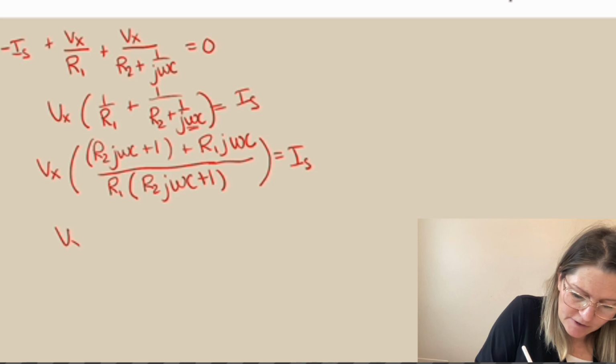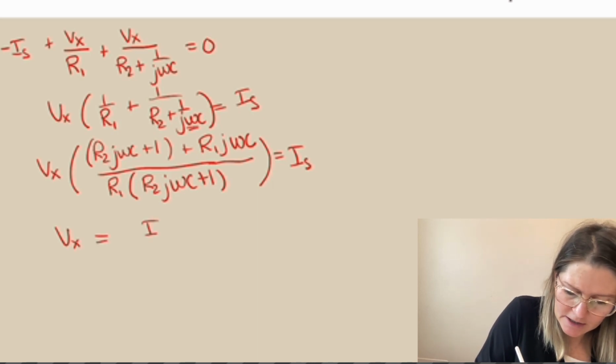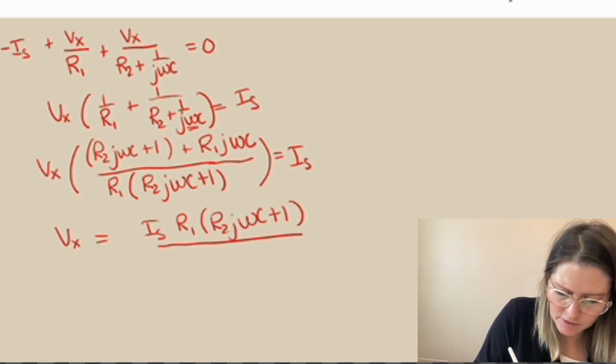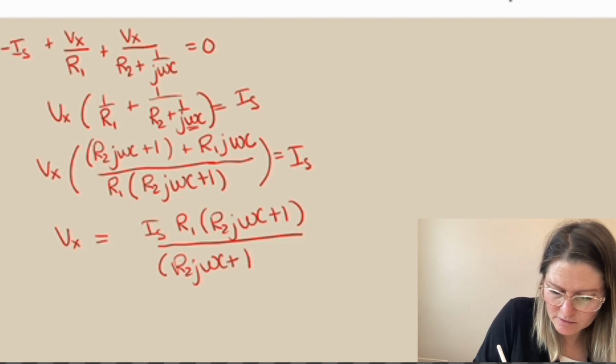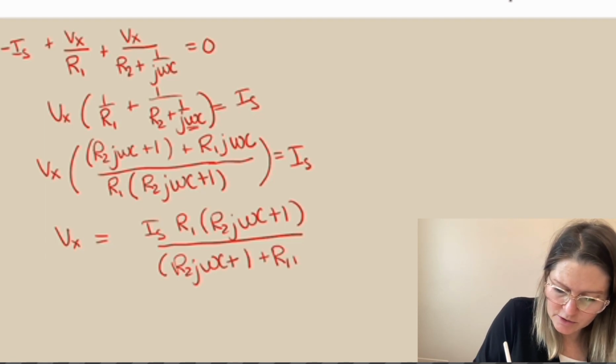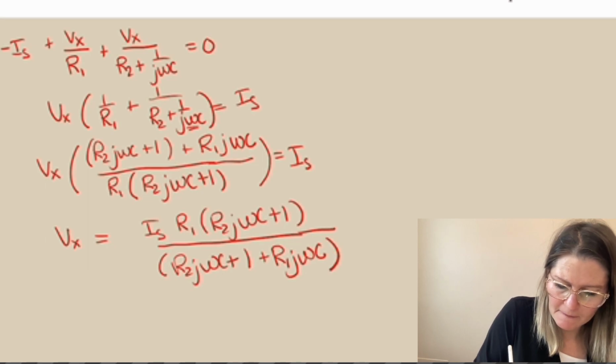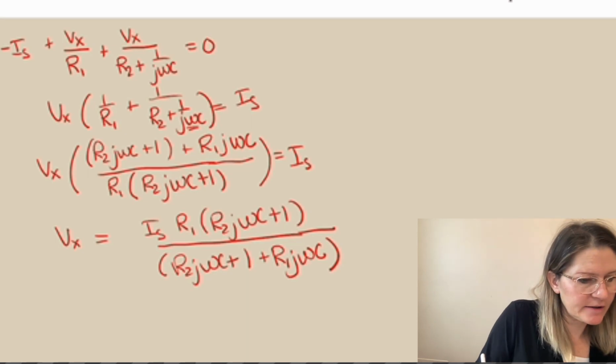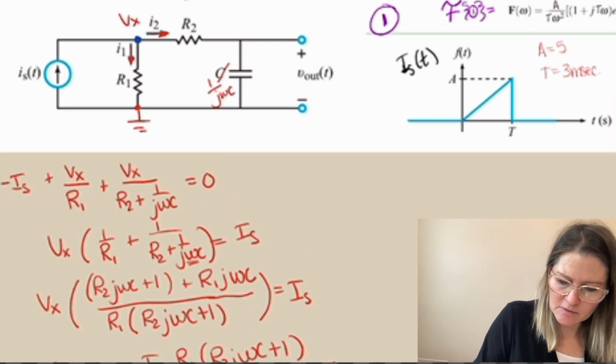Now we can divide, so we get Is R1 R2 j omega C plus 1 all over R2 j omega C plus 1 plus R1 j omega C. So this gives our value of Vx, and we want to find V out.